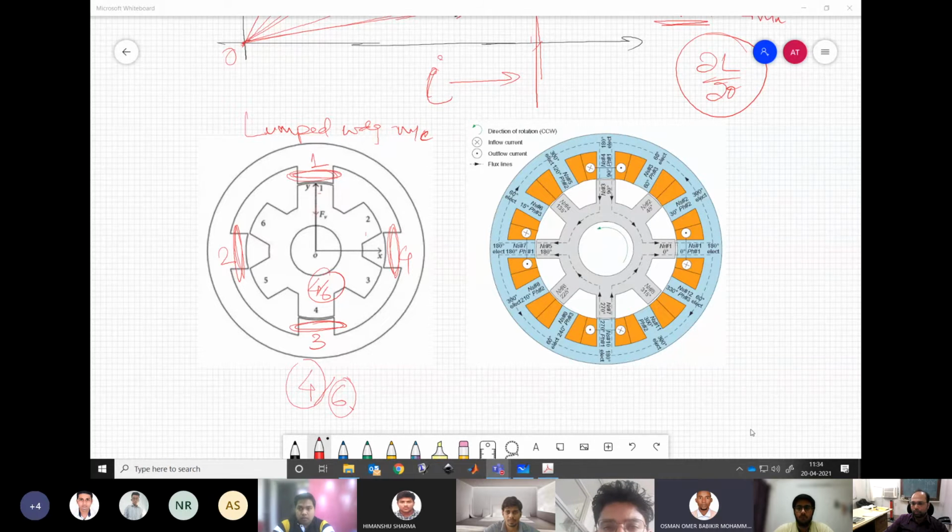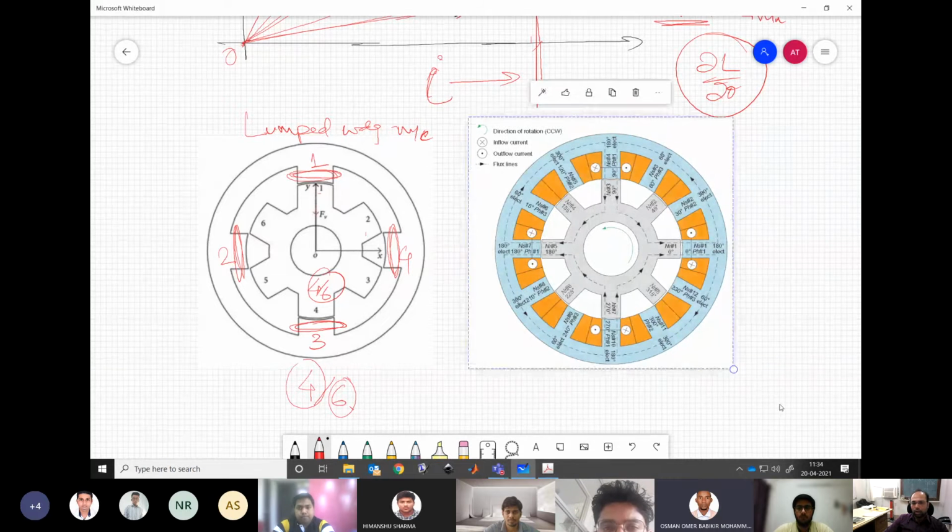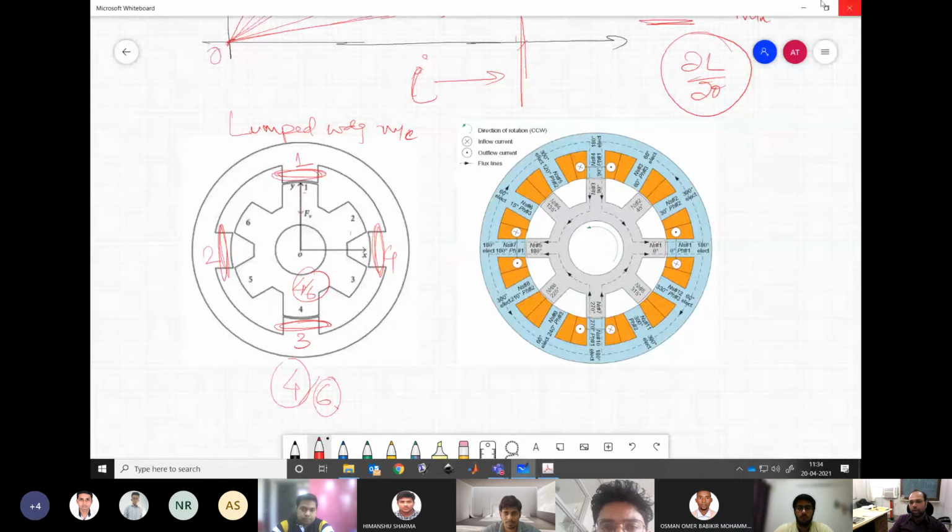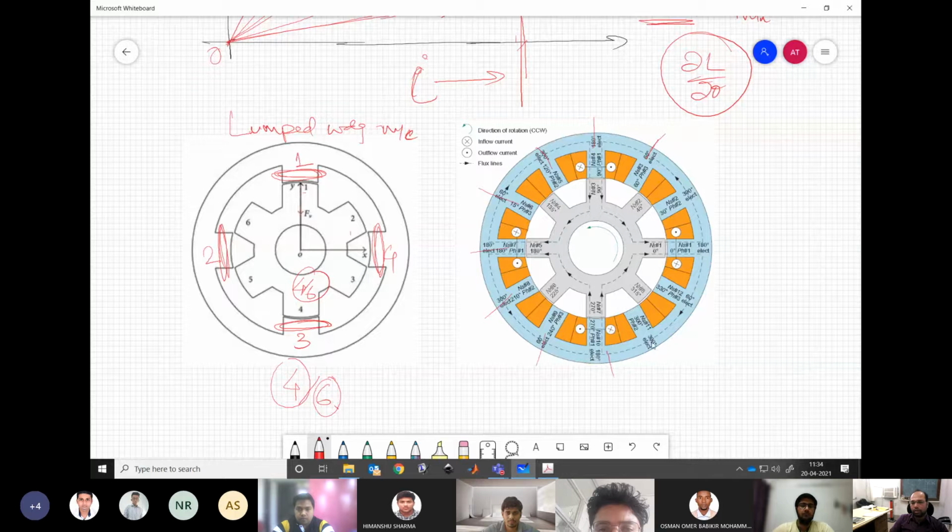Yes, sir. This is how a more practical SRM will look. Now you count how many poles are there. You can start from, let's say here, 1, 2, 3, 4, 5, 6, 7, 8, 9, 10, 11, 12. And here you have 1, 2, 3, 4, 5, 6, 7, 8. So this is called a 12/8 SRM.